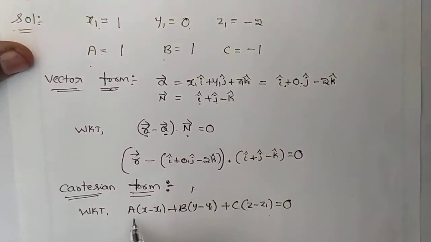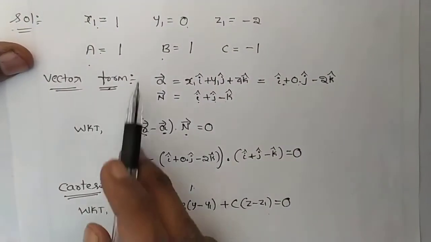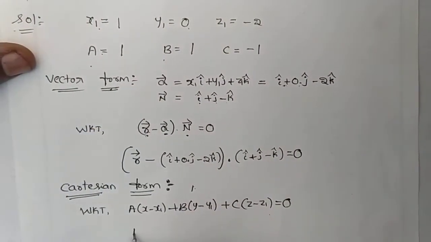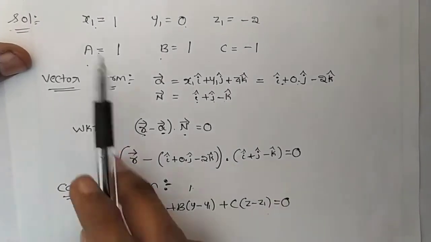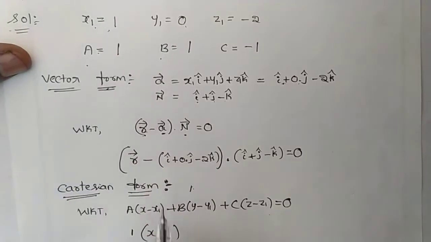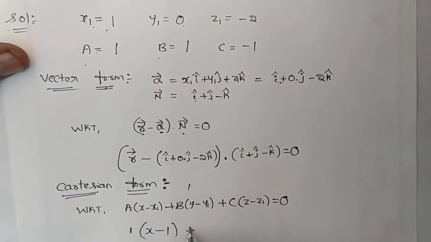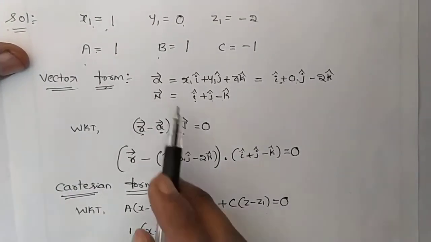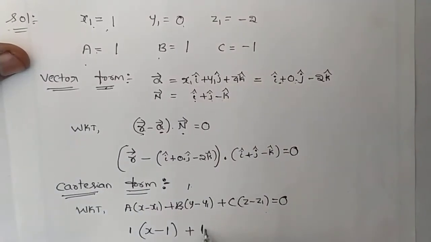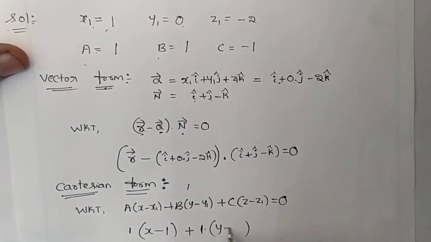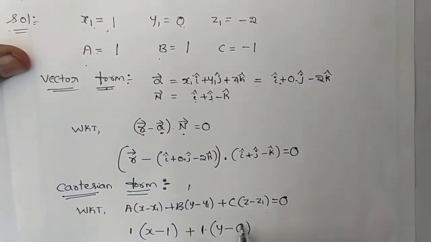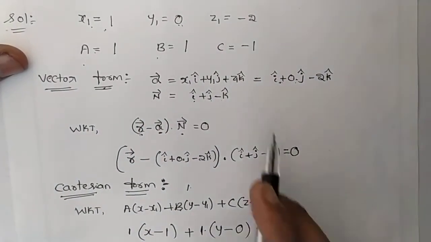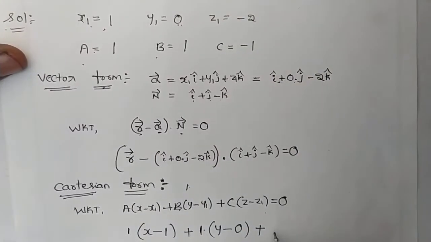Let us substitute the values. a is nothing but 1 into x minus x1. x1 is nothing but 1, plus b is nothing but 1 into y minus y1. y1 is 0, plus c. c is nothing but minus 1.